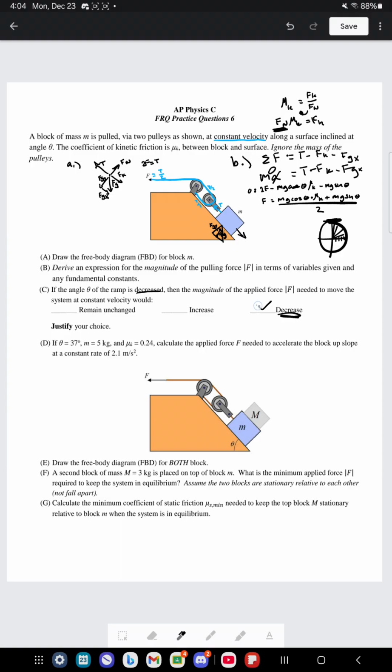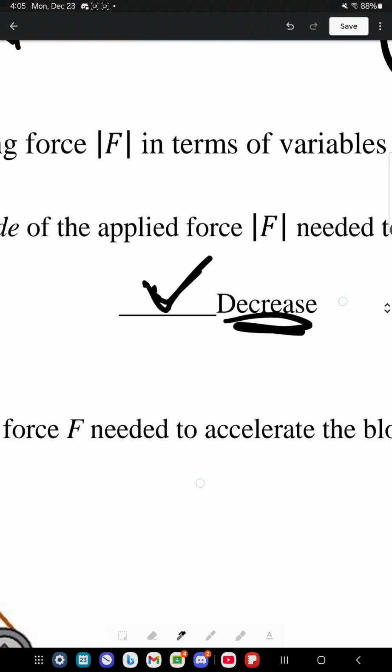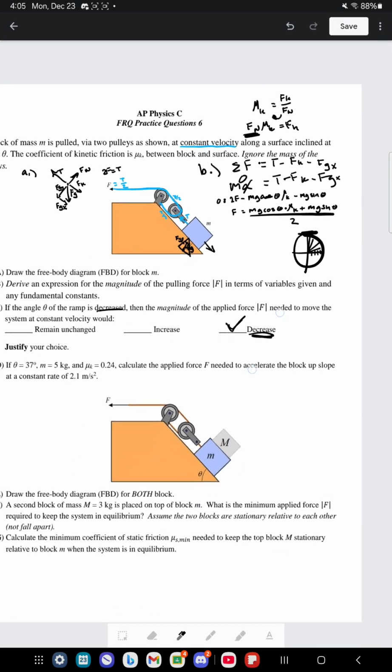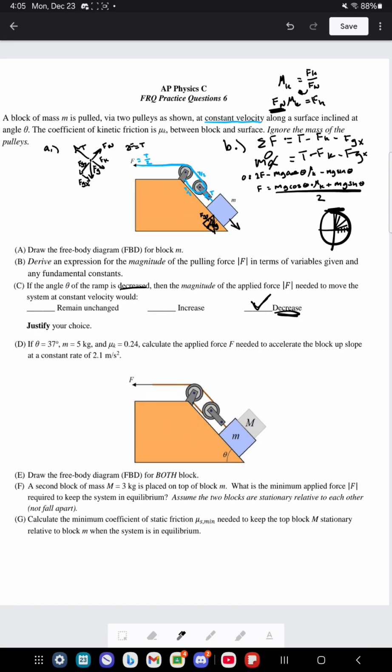The magnitude of the applied force would decrease if the angle was not as steep. Well, I mean, based on that logic, it could depend. It could be any of these three answers, but it is most likely going to decrease because in most real life scenarios, the friction coefficient is not going to be that extremely large.